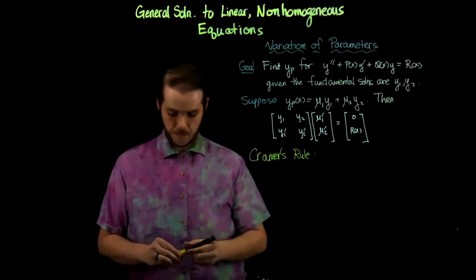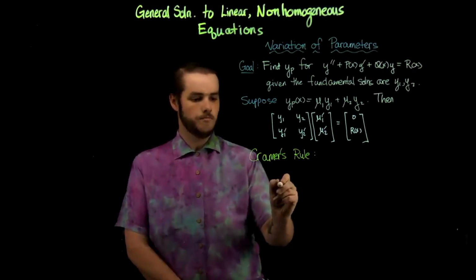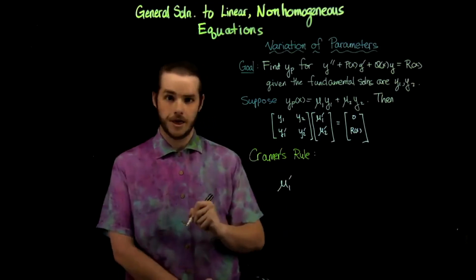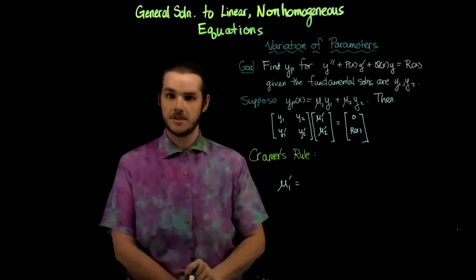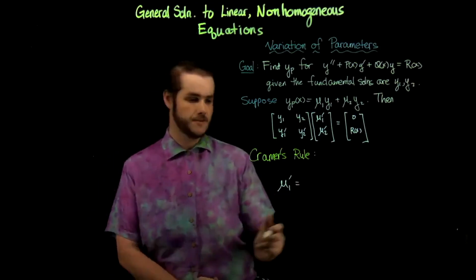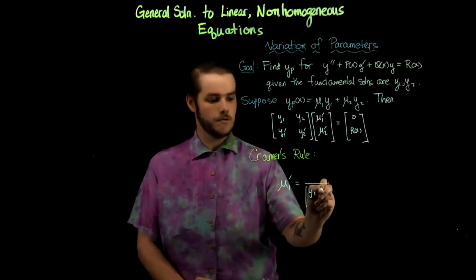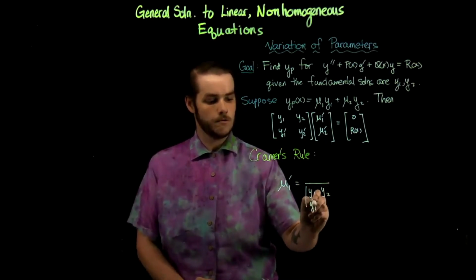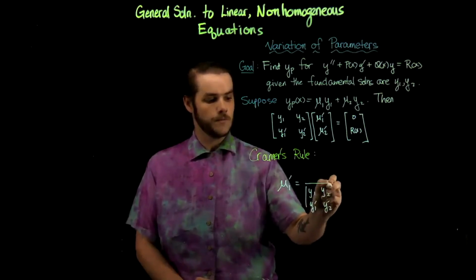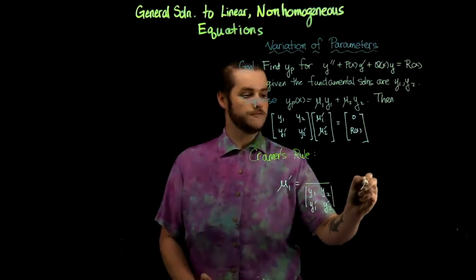Cramer's rule says that both of my unknowns will have the determinant of the matrix on the left-hand side in the denominator. Same goes for mu2.